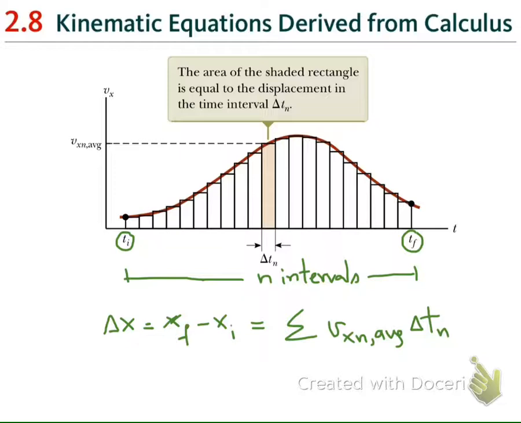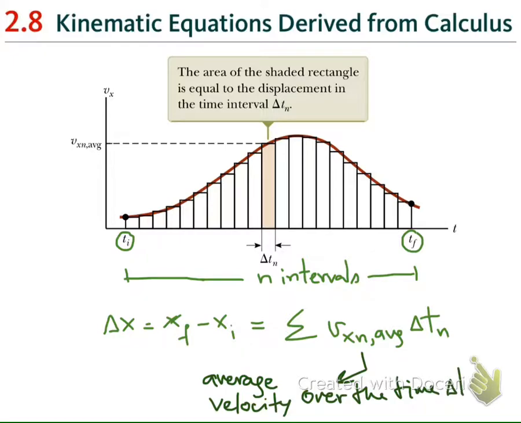This v_xn average is the average velocity over the time delta t_n.